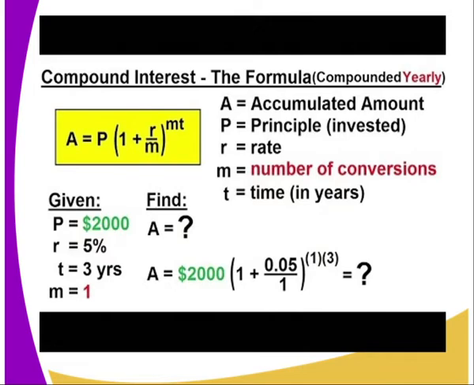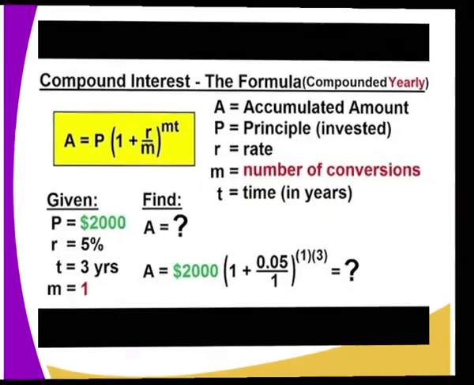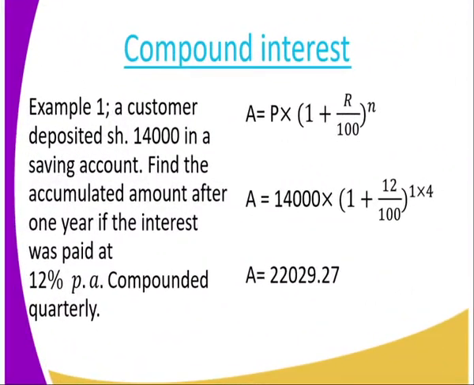So in that case, it is 2000 US dollar, open the bracket, 1 plus 0.05 divided by 1, multiplied by 1 times 3. So what am I going to get? You calculate and finish up. Then we go to the compound interest.